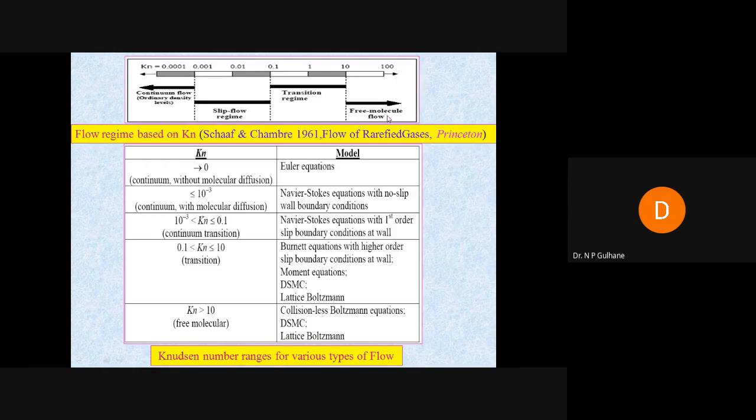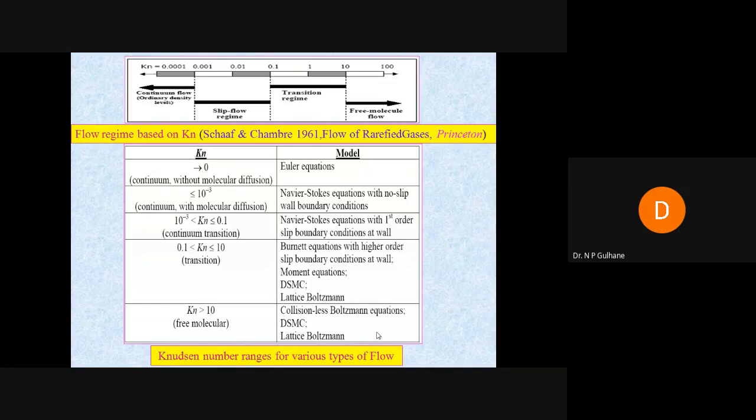At a very high altitude, where molecules are apart from each other at some distance, that is called the free molecular zone. There we have to solve the flow regime equations using DSMC, the collision-less Boltzmann equation, or the Lattice-Boltzmann structure. So this is the Knudsen number range for various types of flow.